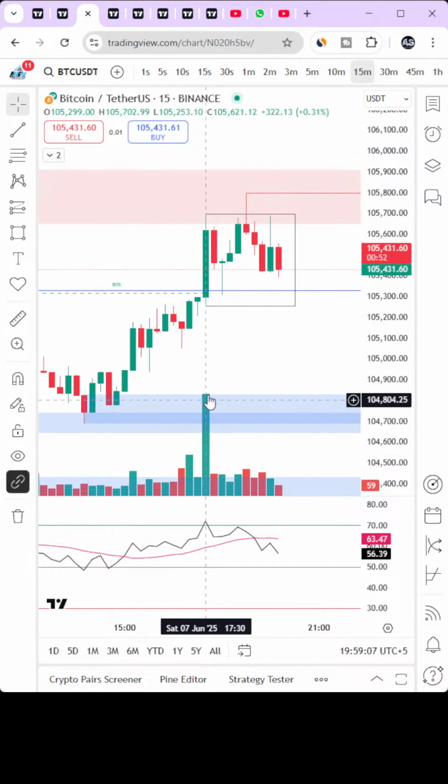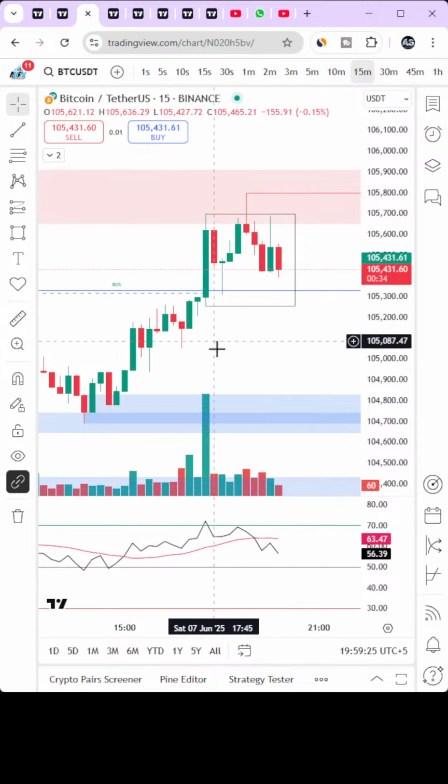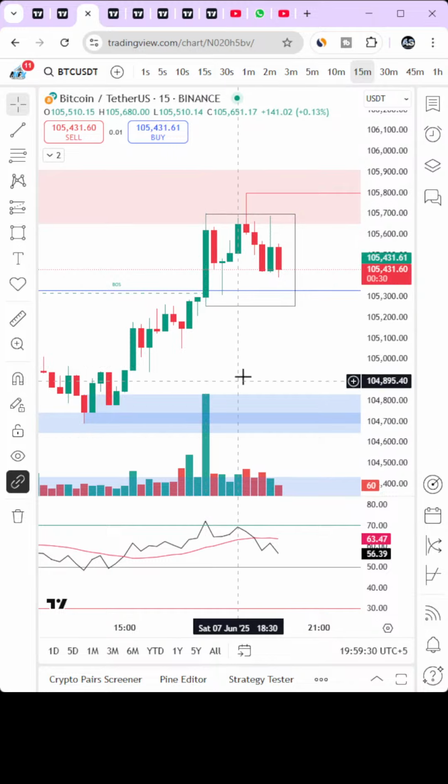This is a smart money buyer's candle, and there is ultra high volume in this candle. This will not let any selling candle easily move to the sell side. Let's see what happens. This is a smart money bullish candle.